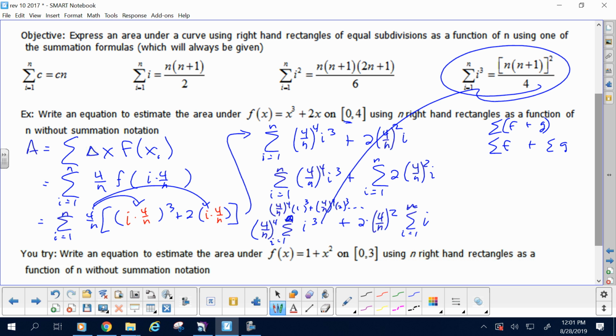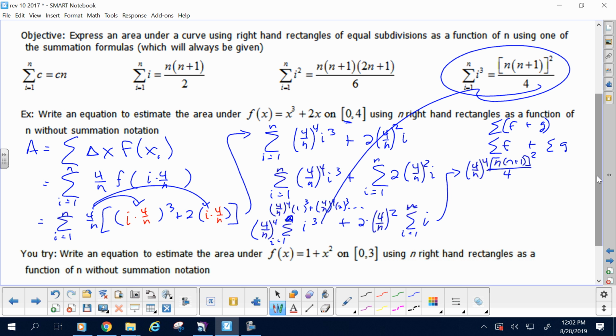So this is equivalent to 4 over n to the fourth is still there, but the sum of cubes is the same as n times n plus 1 all squared over 4. That formula finds the sum of cubes ending at some nth number.